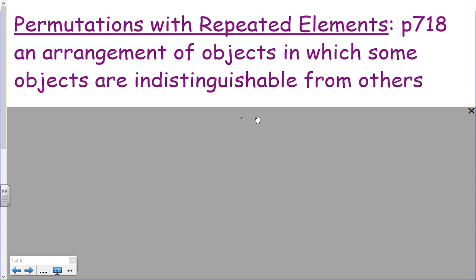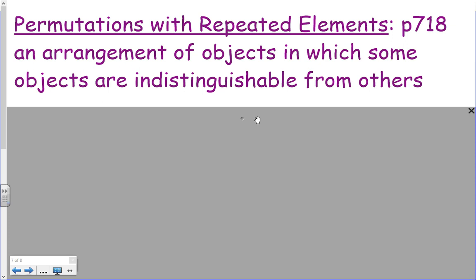So think about what that means. If you can't tell objects apart, and a permutation is a rearrangement of a particular order of those objects, then if I can't distinguish the difference between a couple of objects, how do I know if they've rearranged themselves? It'd be kind of like having identical twins in my classroom, and they're sitting in the right seat when I walk in the room.